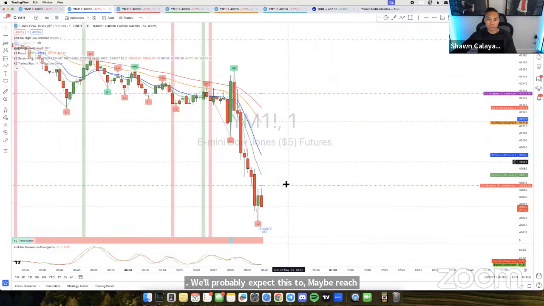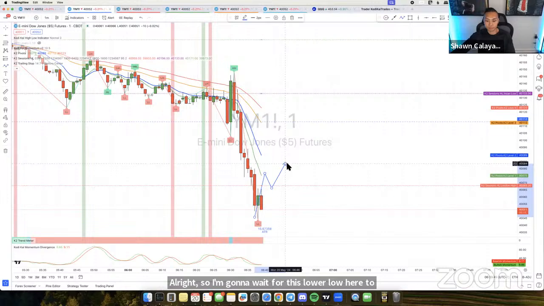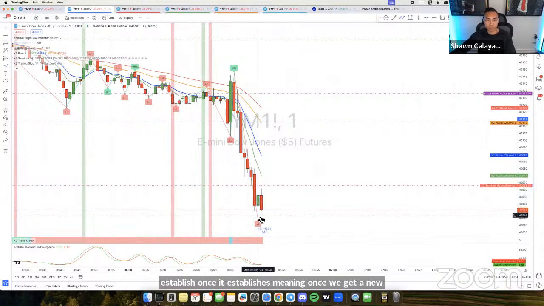But all right, I'm going to wait for this lower low here to establish. Once it establishes, meaning once we get a new high here, then I'll mark this up as a new support. And then you guys can see the range a lot better.